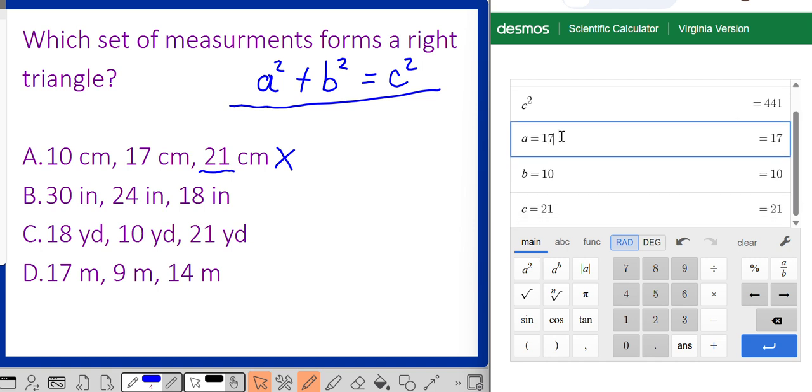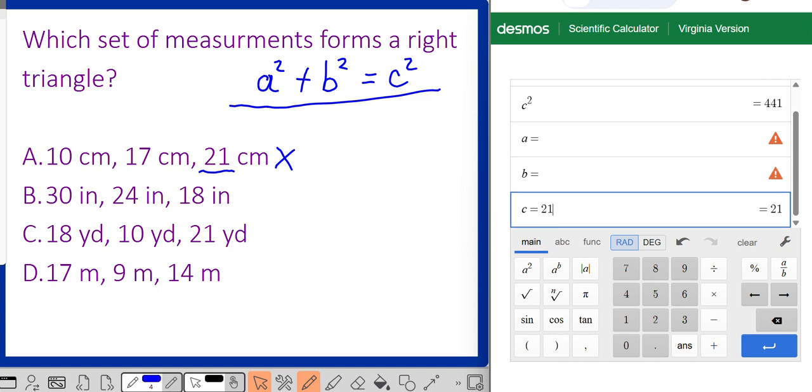I'm going to try one more like this before I show you the way I do it, which isn't quite as much typing, but you have to make sure to be very careful not to get confused. So let's look at B. 30, 24, and 18. This time the largest number is at the very beginning, so don't let that trick you.